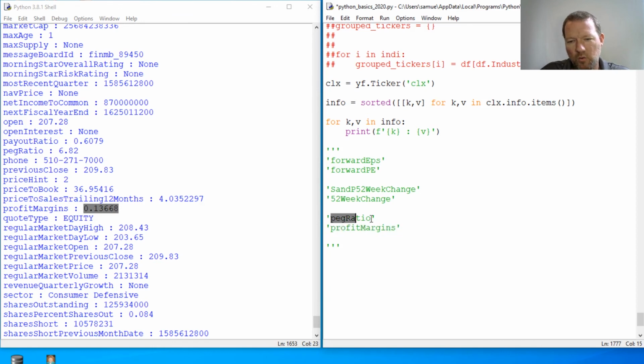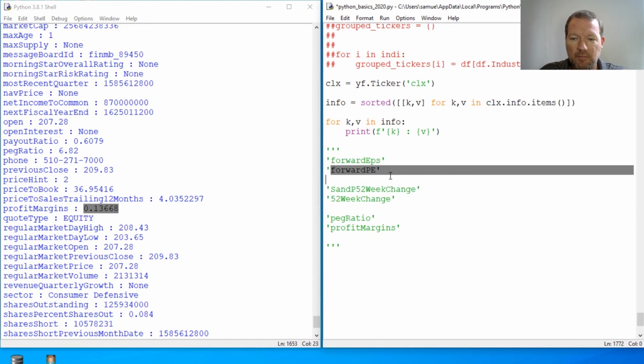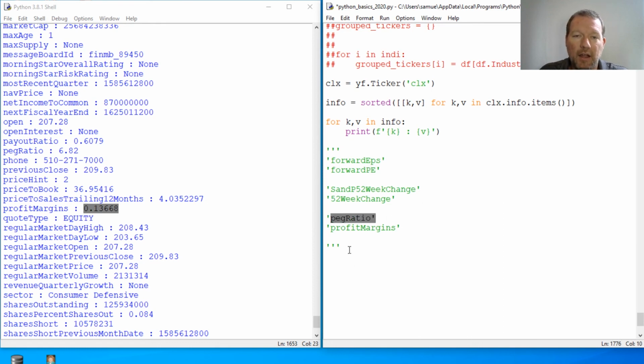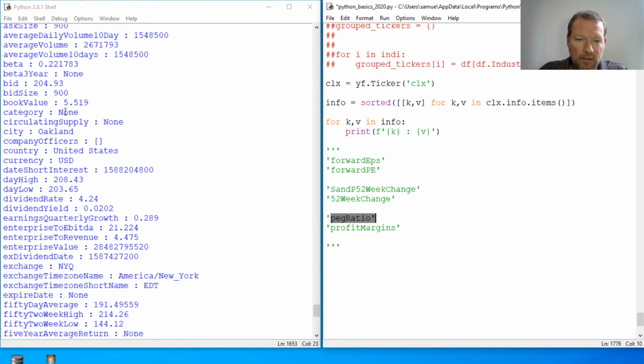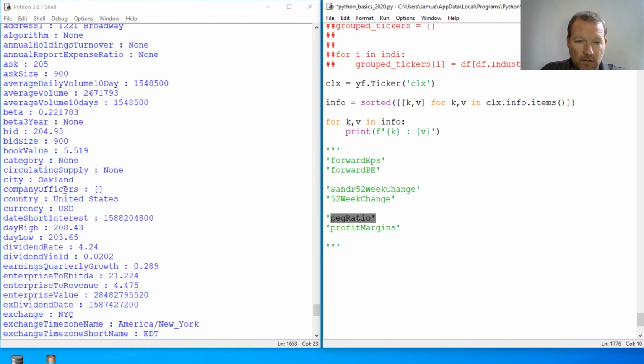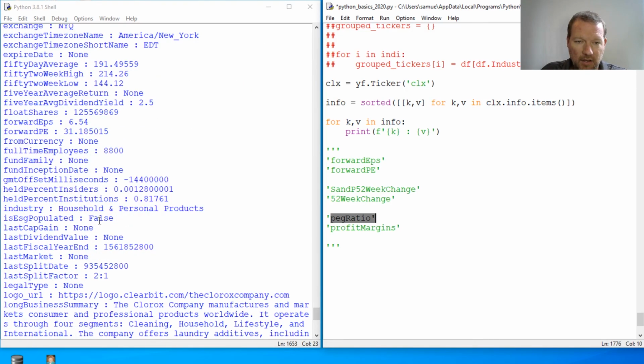Now, what in the world is PEG ratio? It builds on PE, takes PE, and then divides it by growth. I kind of scoffed at the forward PE and said, wow, this is a little high, 31 times.